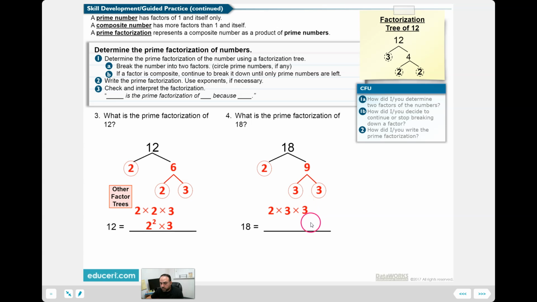And we will use exponent notation for the repeated multiplication of the 3. And there are 2 of them, 2 times 3 to the second power. Read step 3. Ready, read. Let's read the final statement for the prime factorization of 18. Ready, read.